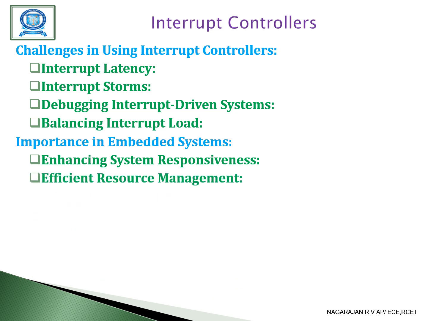The next one is efficient resource management. By managing multiple interrupt sources and prioritizing them appropriately, interrupt controllers help optimize CPU utilization. And the next one is supporting real-time operation. In real-time applications, where timing and deterministic behavior are essential, interrupt controllers ensure that the system meets its deadlines.